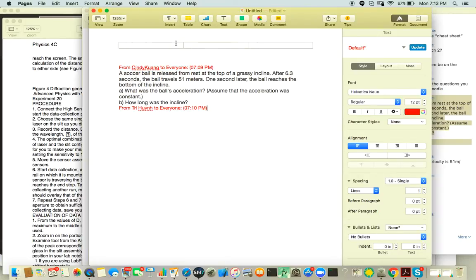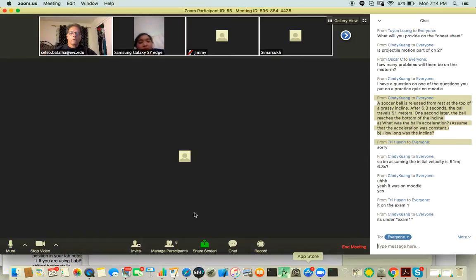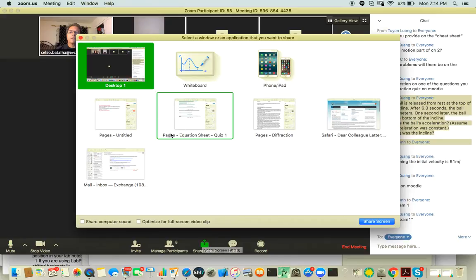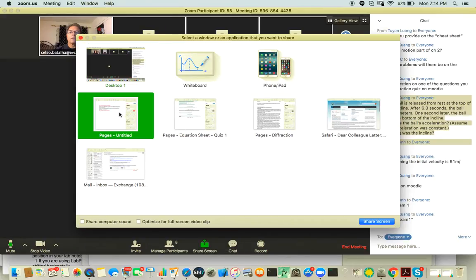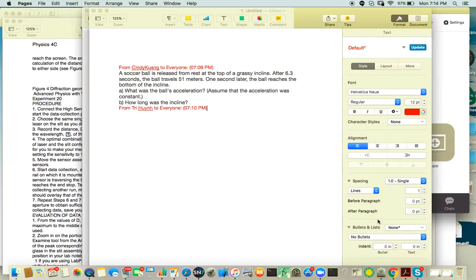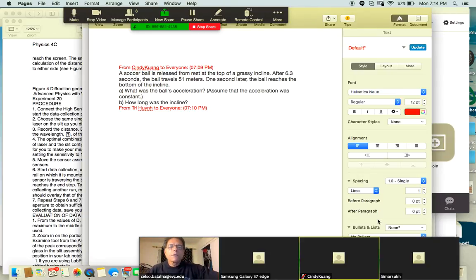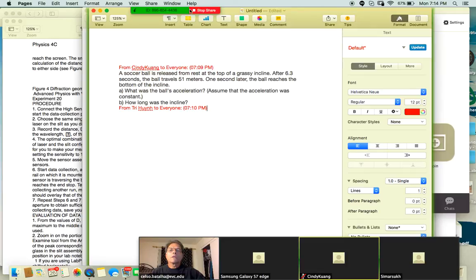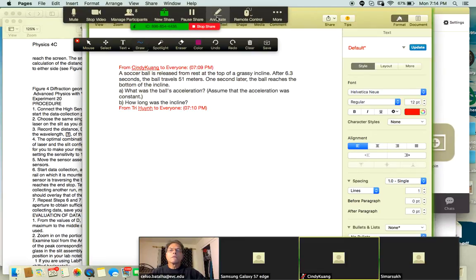Okay. Now share the screen, and I'm sharing this one. Okay, so here's the problem. Annotate. Can you see my screen? Can you all see that?